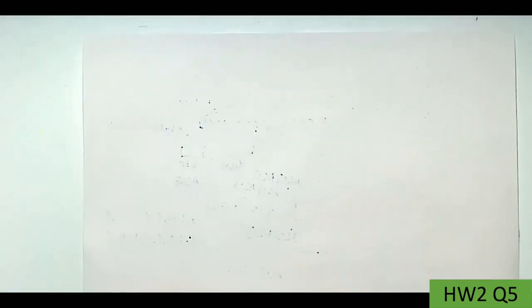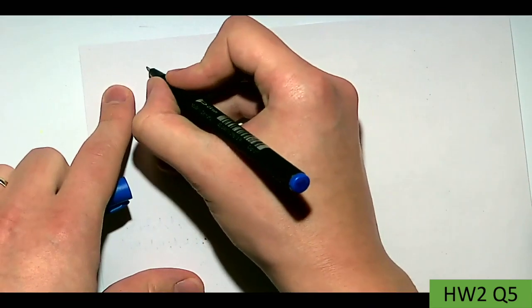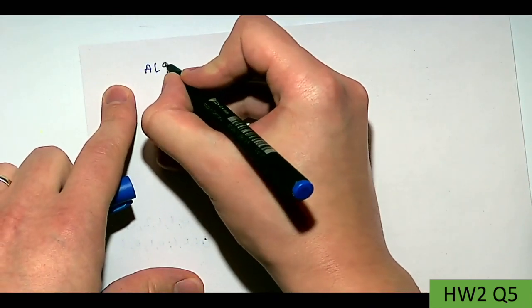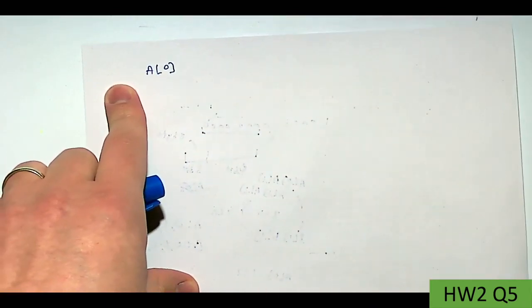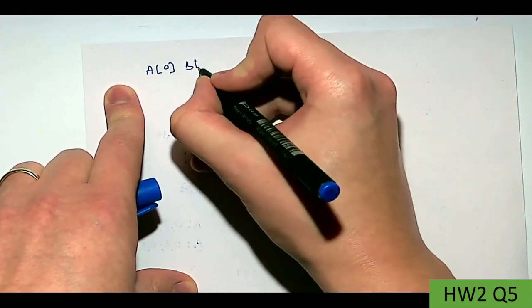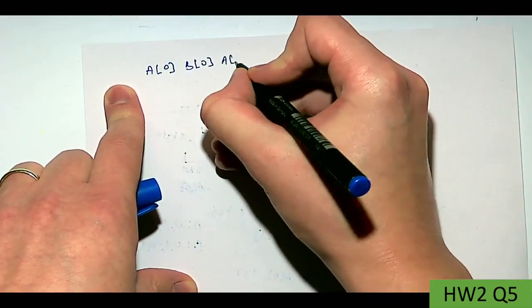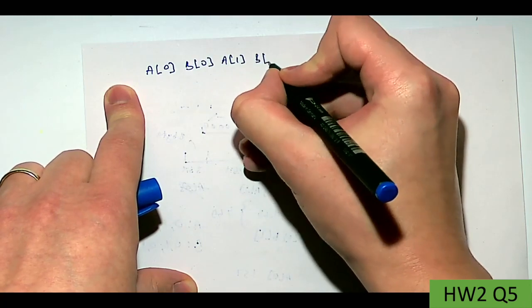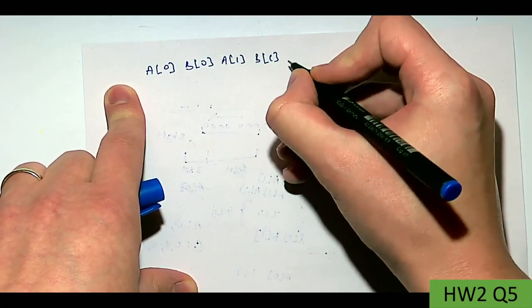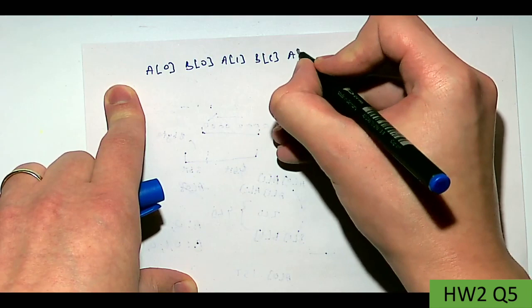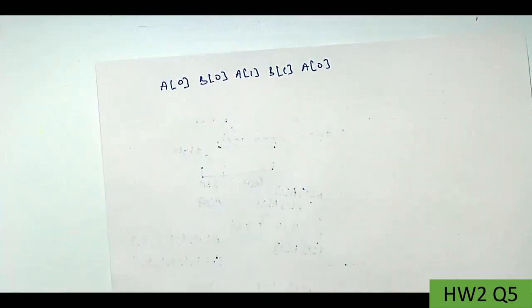Okay, so in the first outer loop iteration, those will be the addresses that we will access, right? So we will first access A0, and then we'll access B0, and then A1, and then B1. And then finally, we will do A0 again to store the value that we calculate.